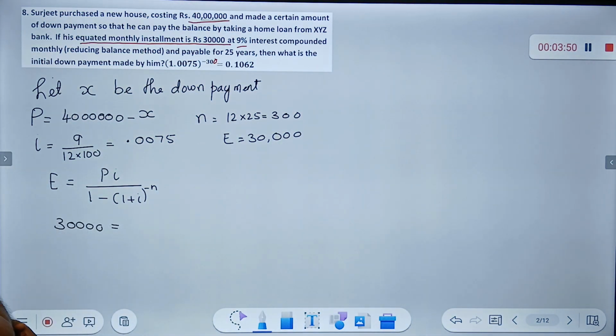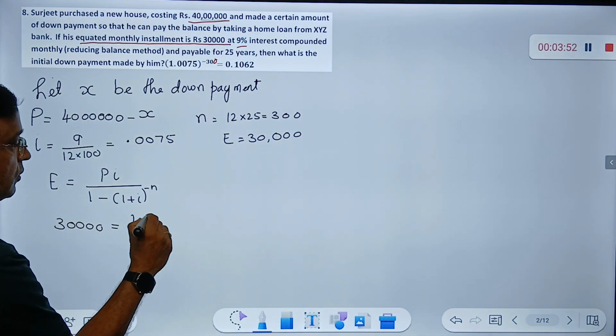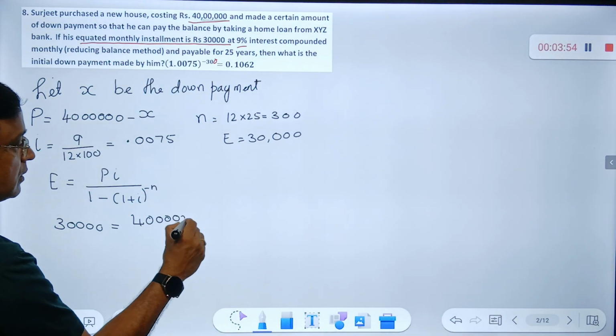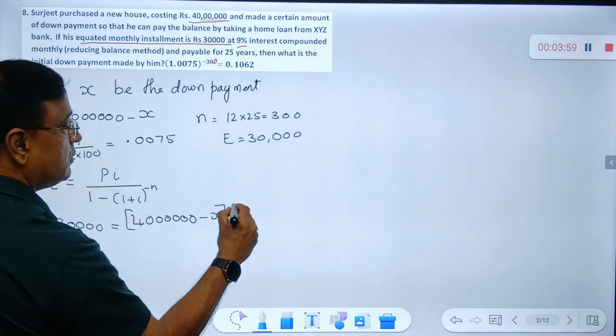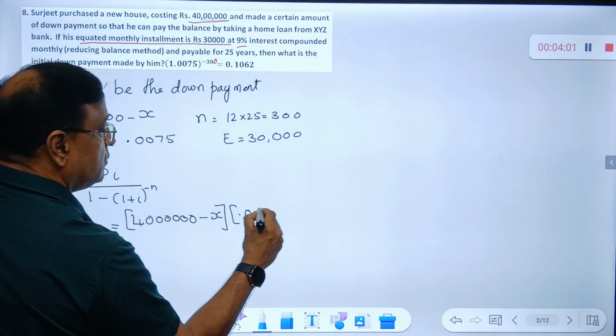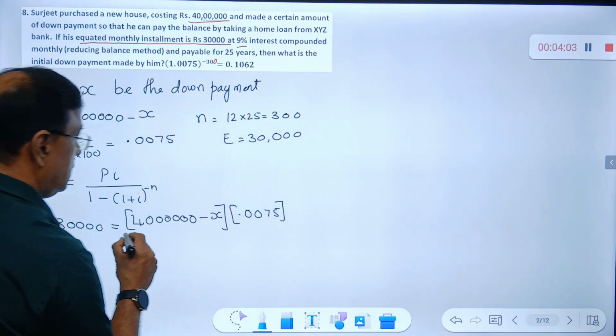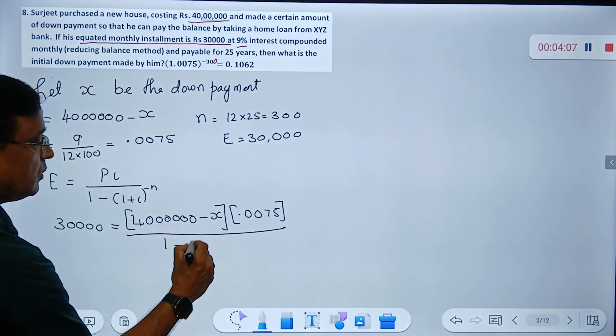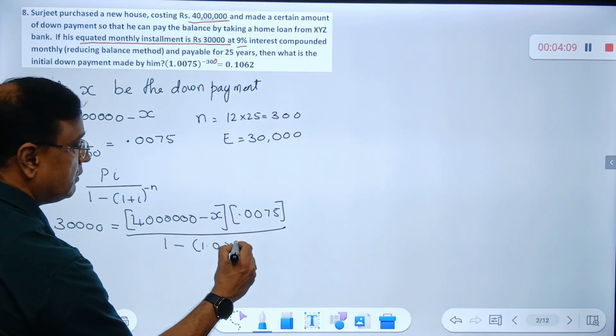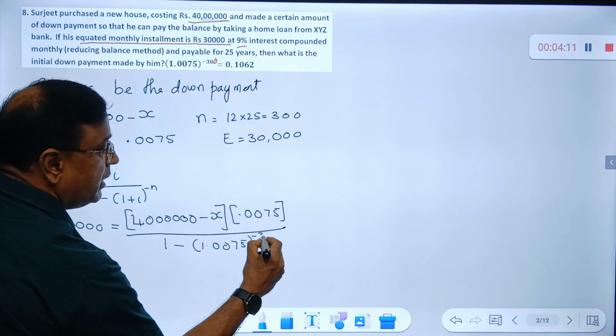Equal to, what is my principal? I want to find, 40 lakhs minus X, into, what is my rate of interest? 0.0075, divided by 1 minus, what is this? 1.0075 whole to the power of minus 300.